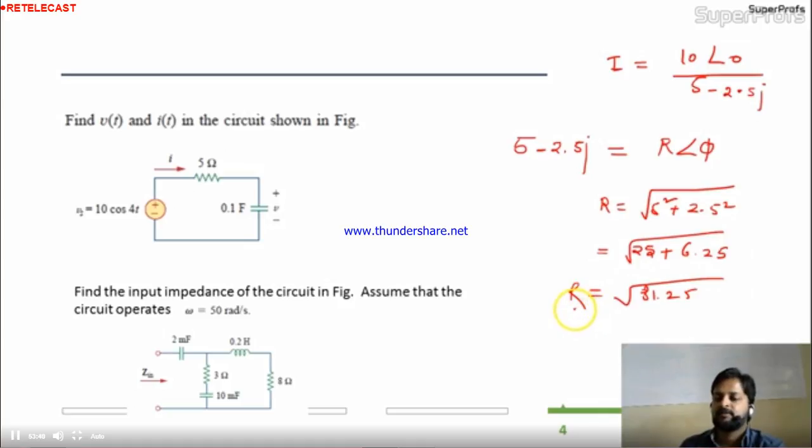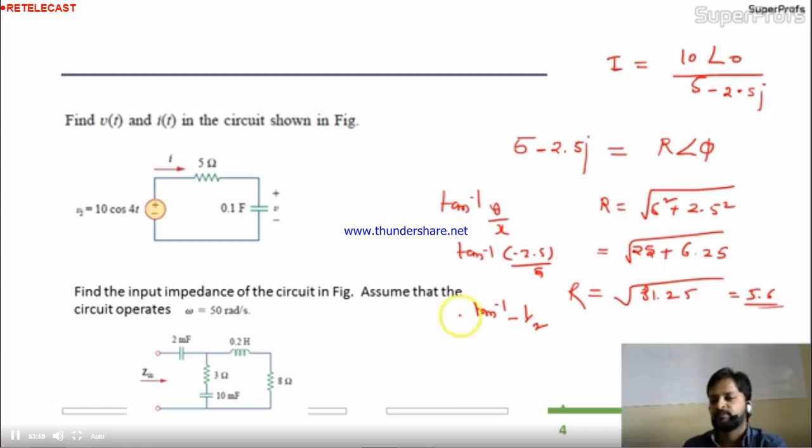So this will be nearly 5.6 and something, whatever. Now come to the angle. Angle is nothing but tan inverse of y by x. So this is tan inverse of minus 2.5 divided by 5, that is tan inverse of minus 1 by 2. Am I right? So you get some angle.